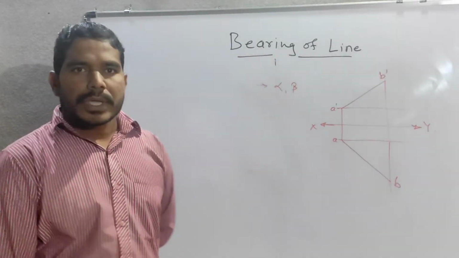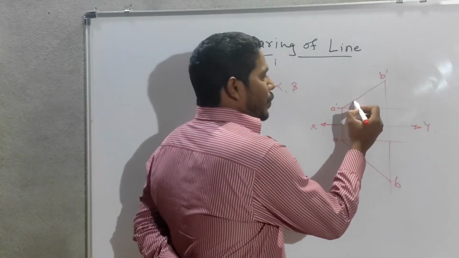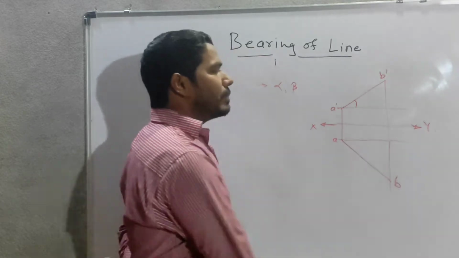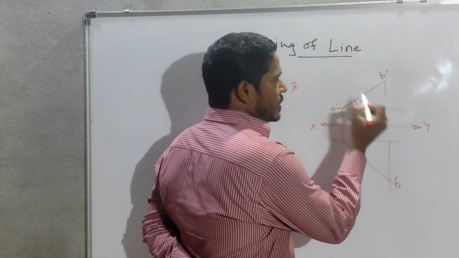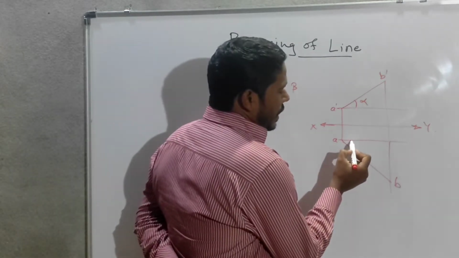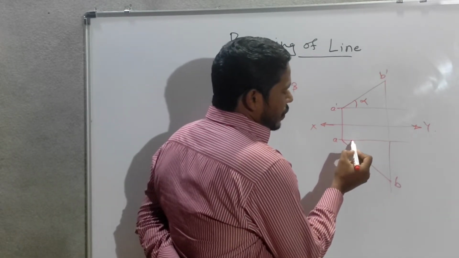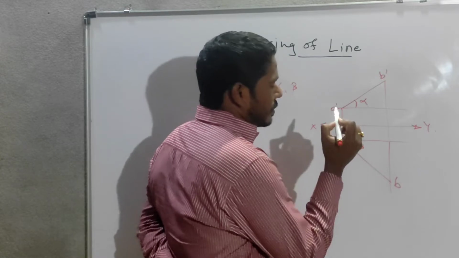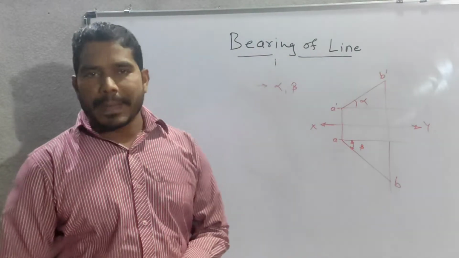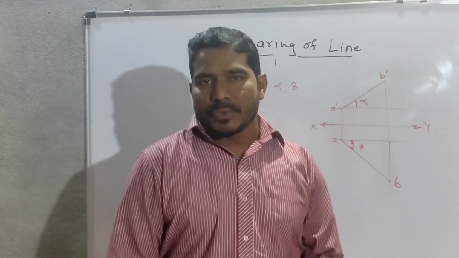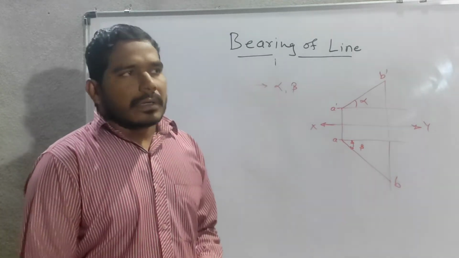Whatever angle is made by the front view, we show using alpha, and whatever angle is made by the top view, we show using beta. So these are the apparent inclinations. We know it now.